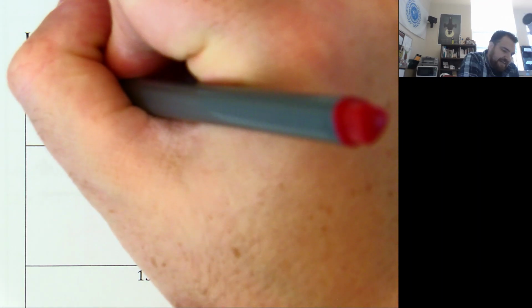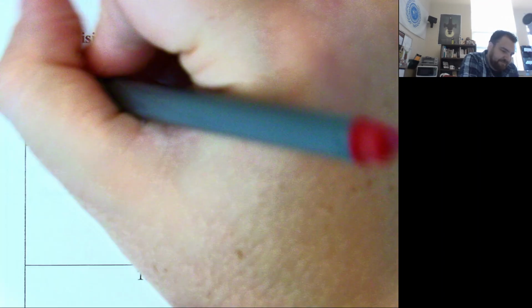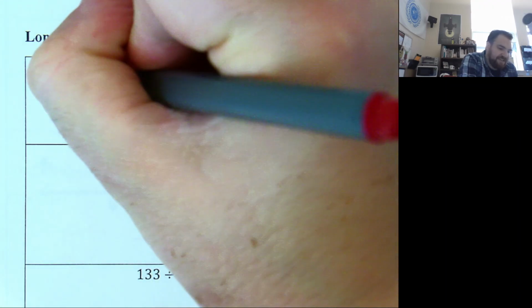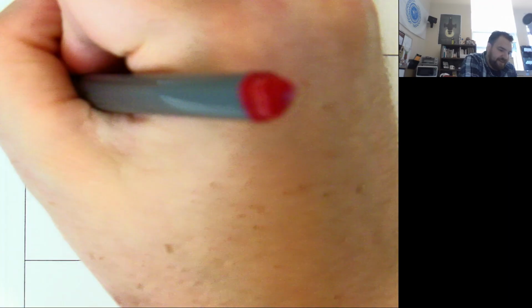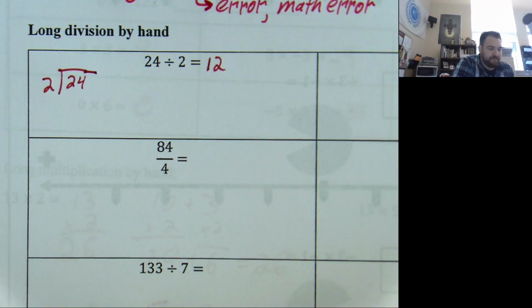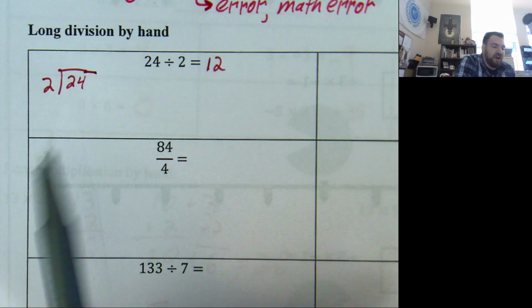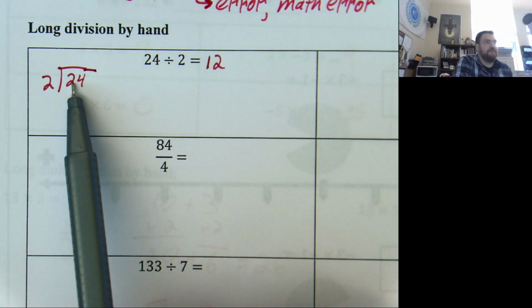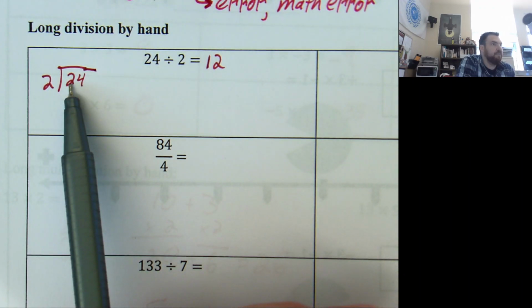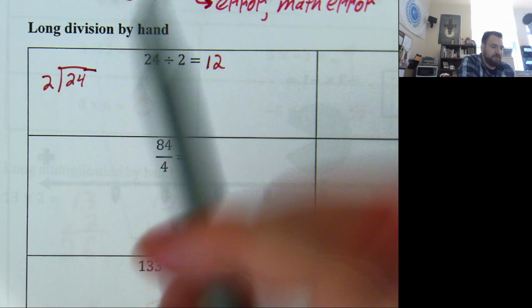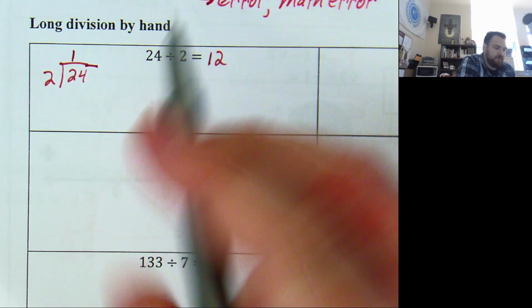When I want to long divide, I take the thing that I'm dividing and I put it in this symbol here. And I take the thing that I'm dividing by and I put that number out front. And now we talk about this object going into this object to make groups. How many times does 2 go into 2? Does 2 go into 2? Goes in once. Thanks, Andrew.